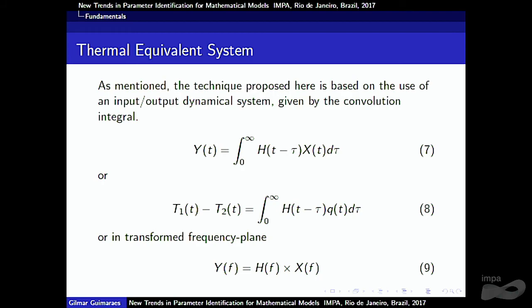And in fact, we are working with this data in the frequency domain, just multiplying, instead of the convolution.